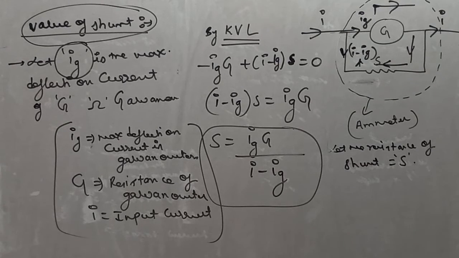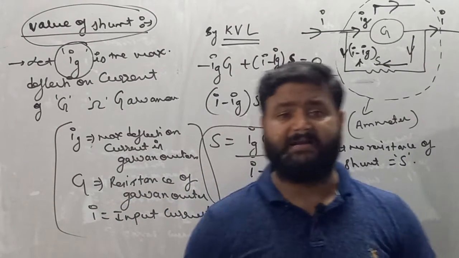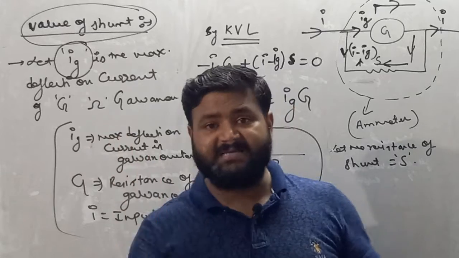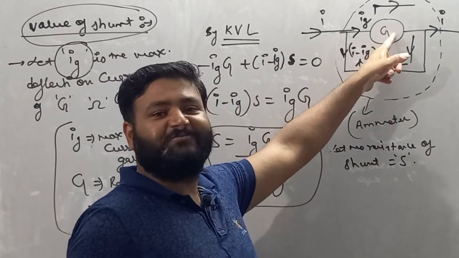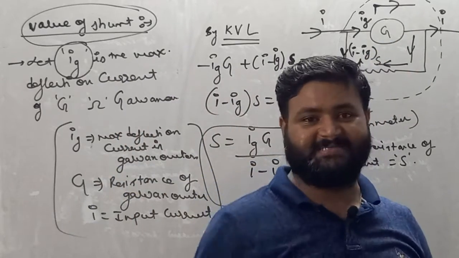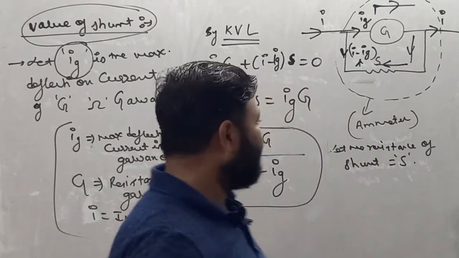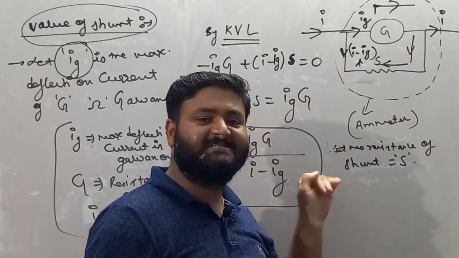Any electrical device used to measure electric current must carry less resistance. So we decrease the resistance of the galvanometer, because a galvanometer carries very high resistance, and we connect a small value resistor in parallel so that the net resistance decreases.